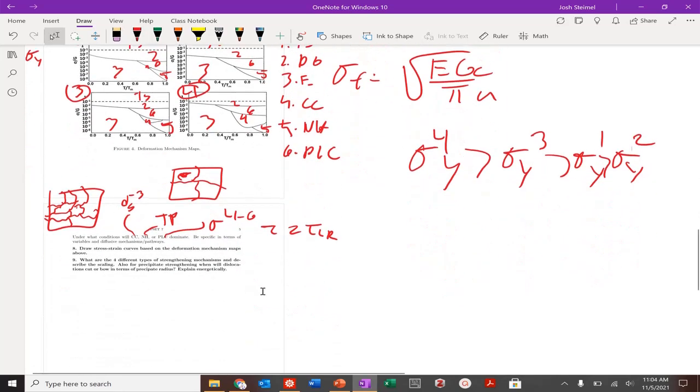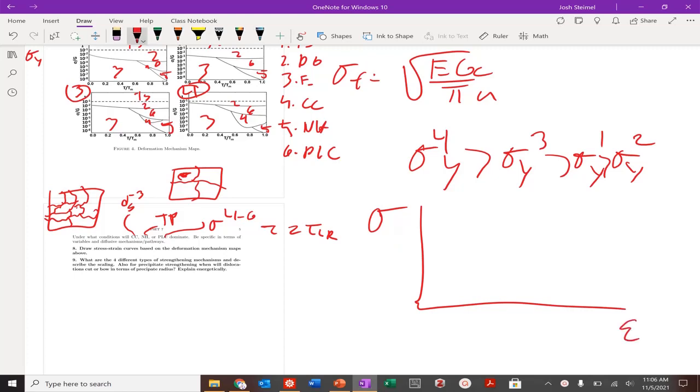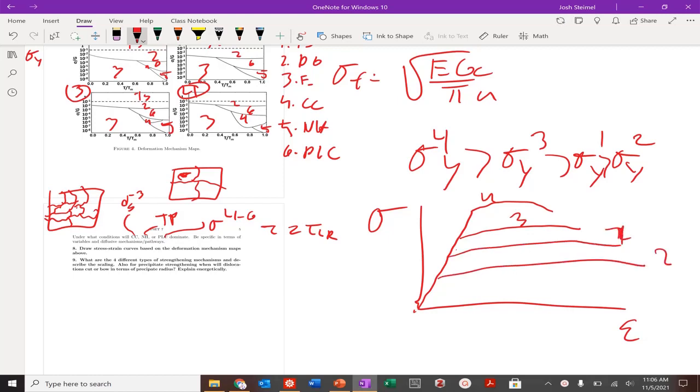So I have those yield strengths, now I can start to draw the stress-strain curves, not the yield stress, just stress, strain. Again, these are all the same material, so basically this would be 4, and then it'd be basically 3, then 1, and then 2.